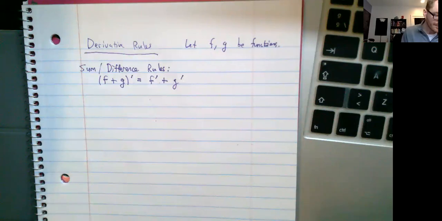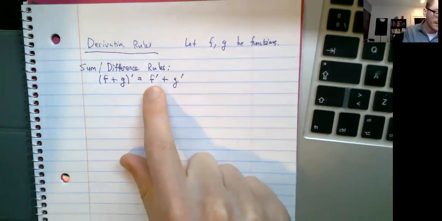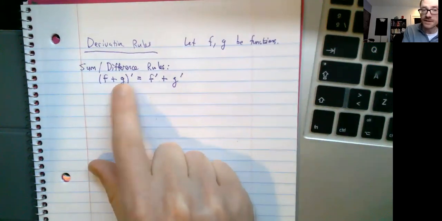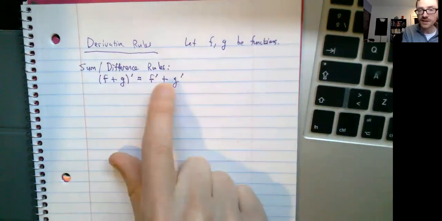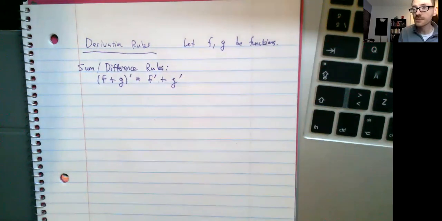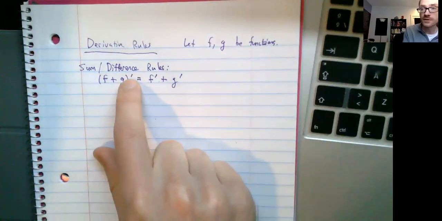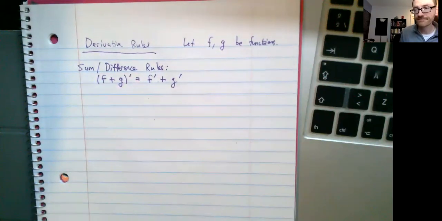And you can then ask, what is the derivative, the general derivative of that function? And this rule says that adding the two functions together and then taking the derivative is the same thing as just taking the derivative of each of those two functions and then adding the result. Or alternatively, it says that taking derivatives distributes over addition.